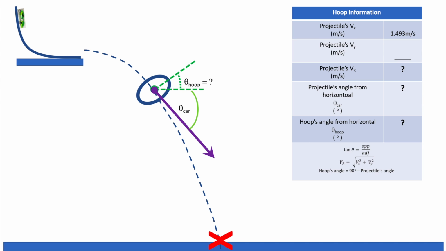If you know the angle of that hoop, this right here is going to be perpendicular to what it's actually going to be traveling. Picture a basketball hoop. Basketball hoops are always horizontal. The problem is that when a ball comes in at too shallow of an angle, let me see if I can draw this here.